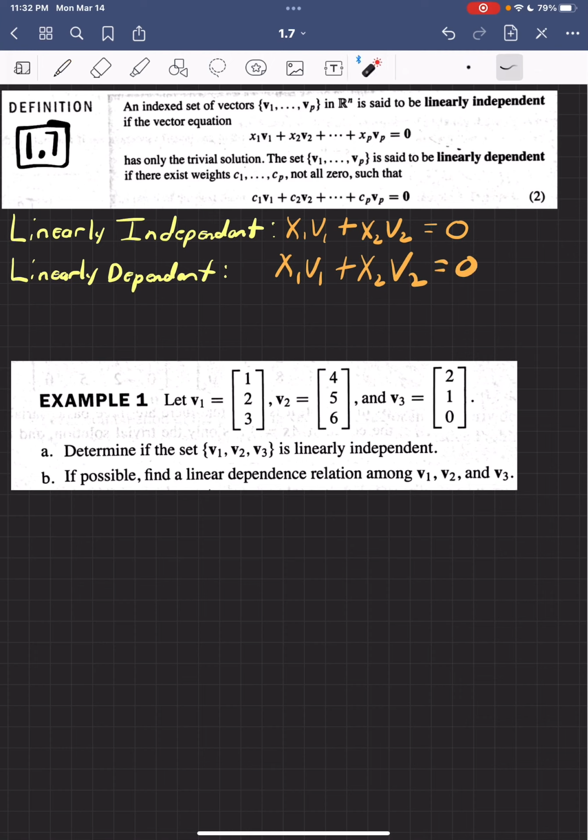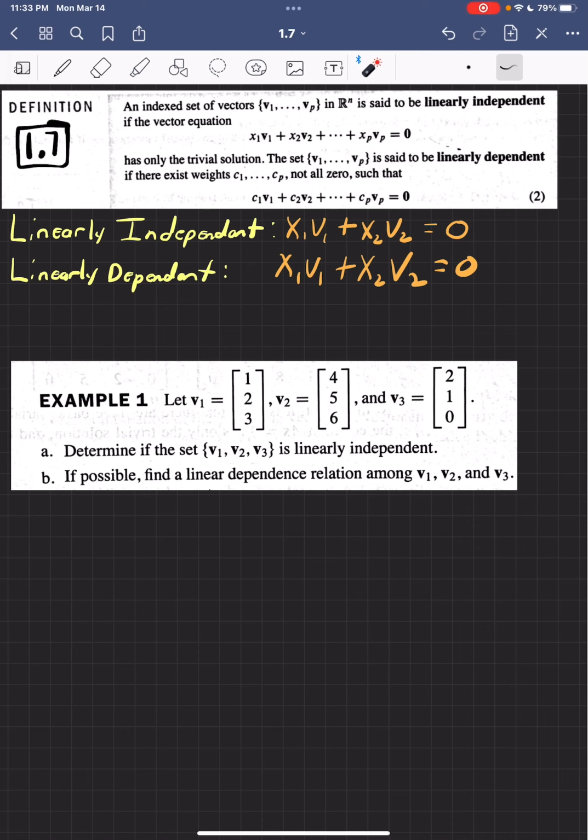So what is it that makes the equation linearly independent or linearly dependent? Let's think of it like this. Imagine that we have some defined vectors. I don't know what they are; we could be in two dimensions, we could be in R3. It doesn't really matter.